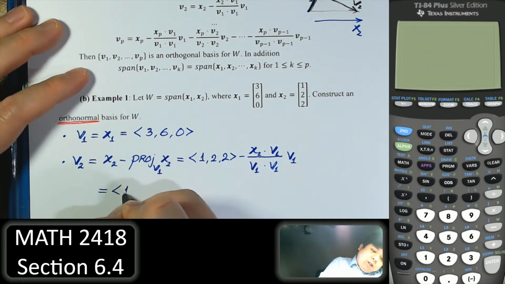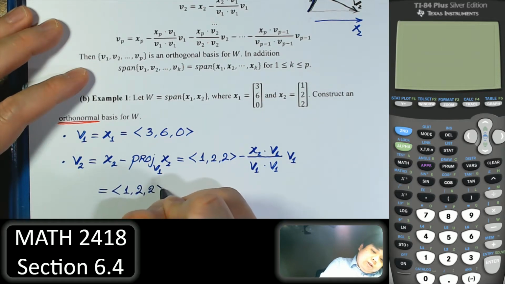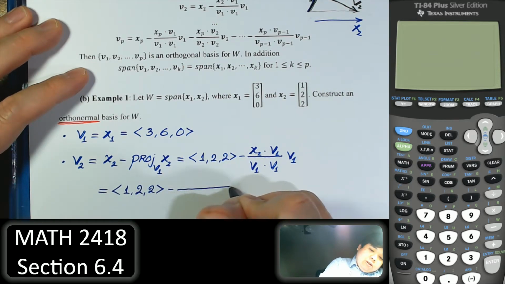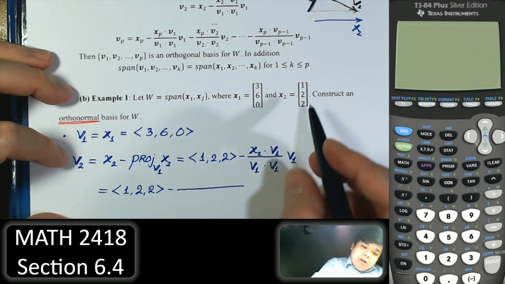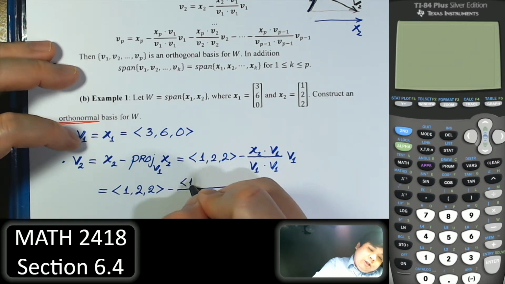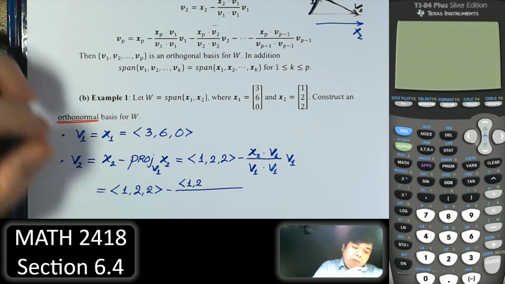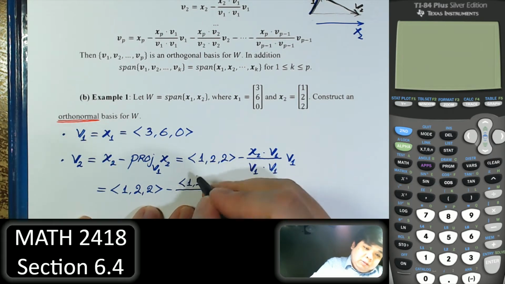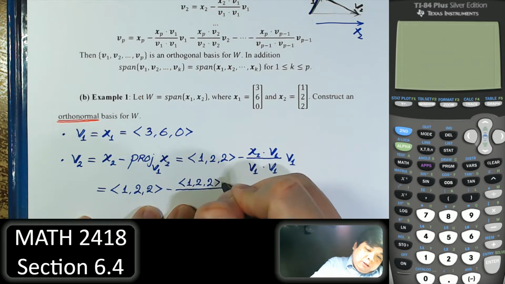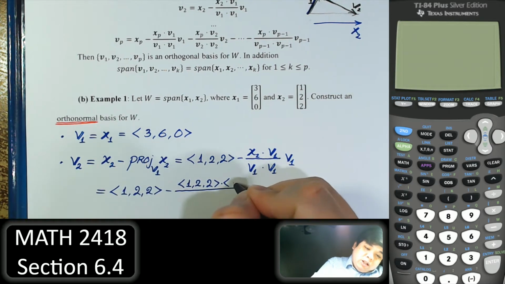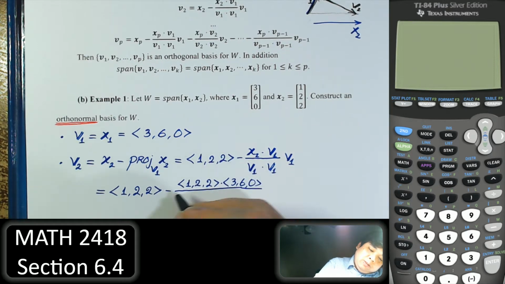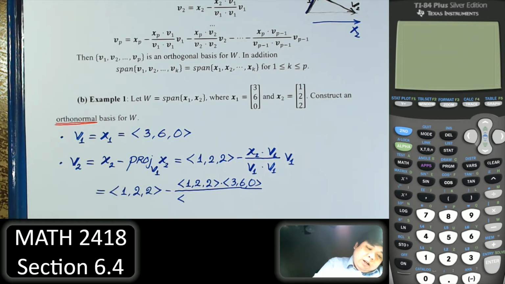So x2 is 1, 2, and 2, dot v1, 3, 6, 0, and then over v1 dot v1.